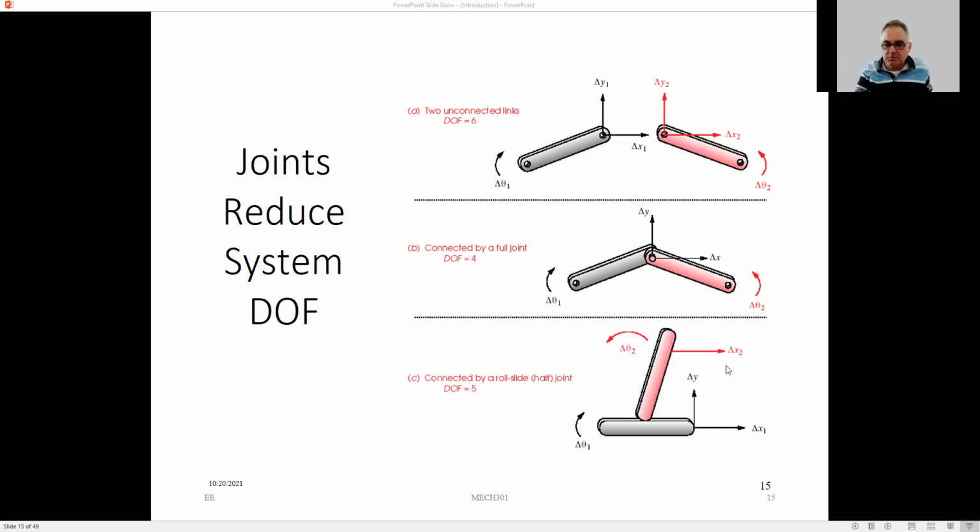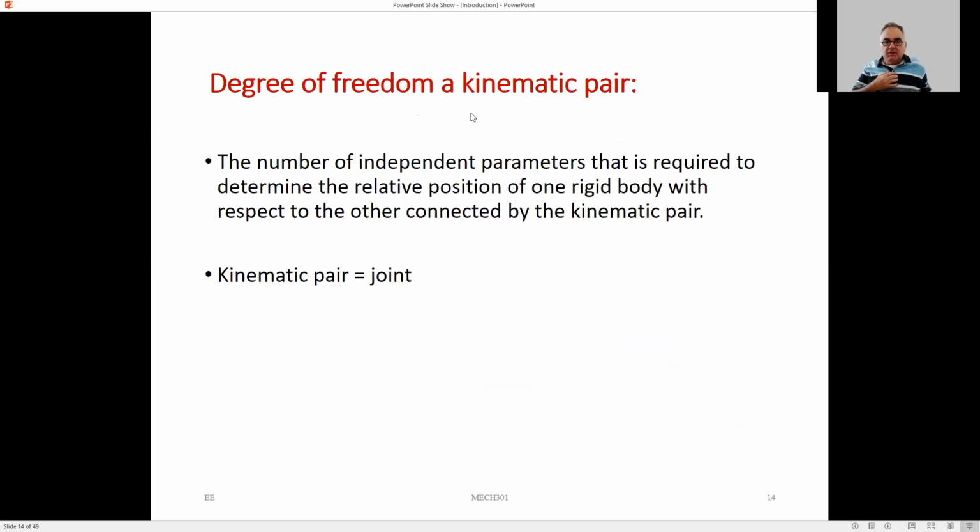Let me go to the previous one. This is, of course, a complicated definition, which you probably will have difficulty understanding. It says that the degree of freedom of a kinematic pair or a joint is the number of independent parameters that is required to determine the relative position of one rigid body with respect to another one. So what does it mean?